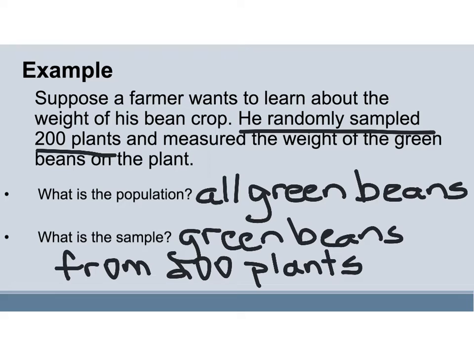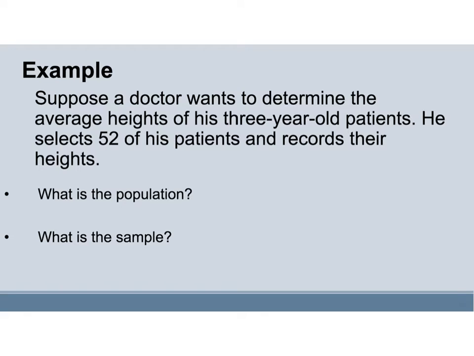Then the sample is the green beans from the 200 plants he selected. Okay, so now hit pause on your recording and write down what you think the answer to this is, and then hit go and see what I tell you the answer is.